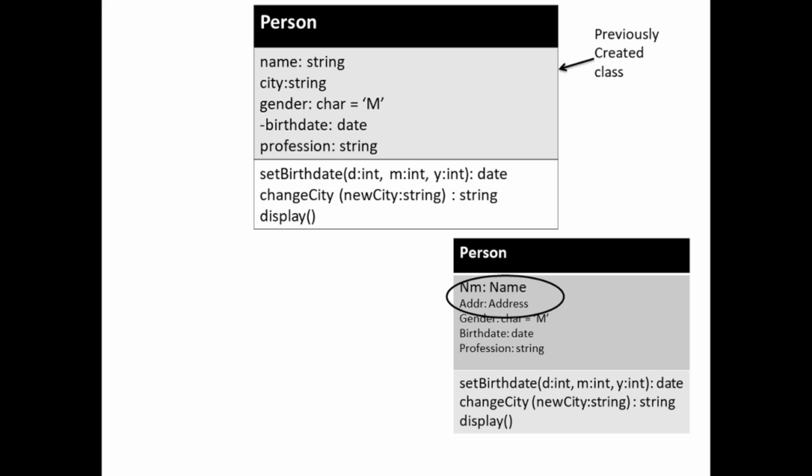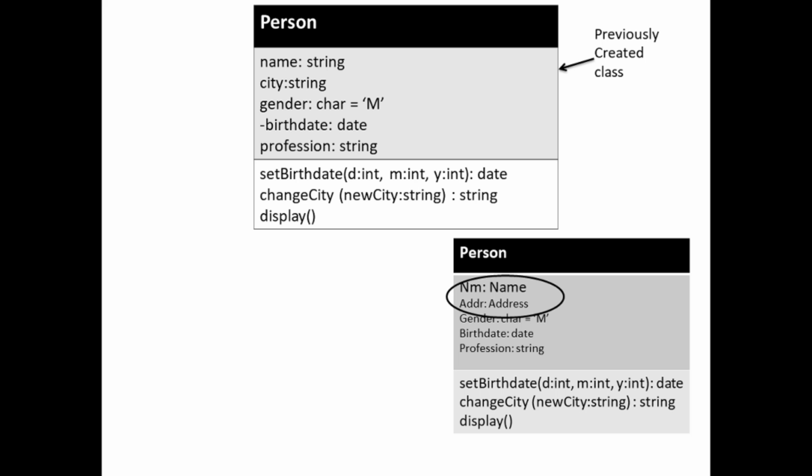See, in the previous example, name: string was there. So string is a data type and name is the attribute. But here nm is the attribute and name is the data type. In the same way, addr is the attribute and address is the data type.